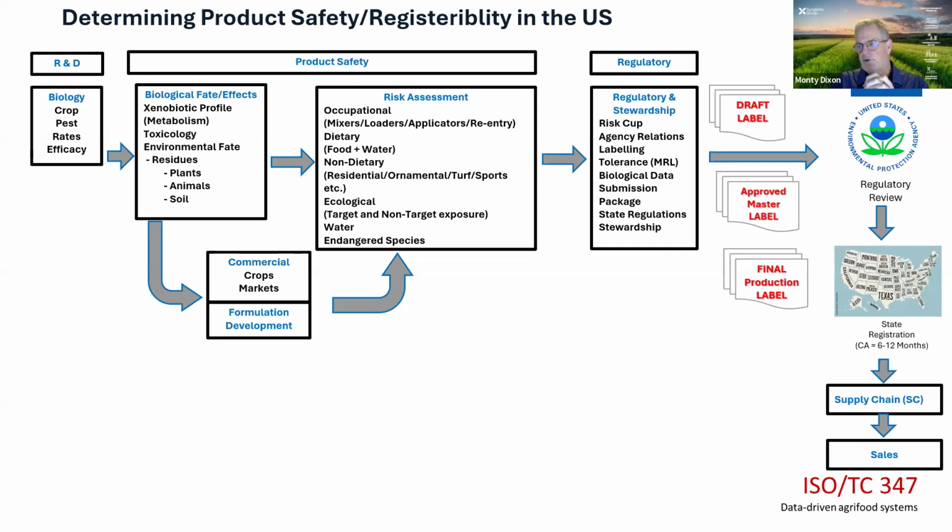And there are different degrees of regulation within the states. Some states like California are significantly more data intensive in their review of regulatory packages, and other states are much less intensive. After all of this happens, the product is then able to be introduced into the supply chain and make it ultimately out to the growers.